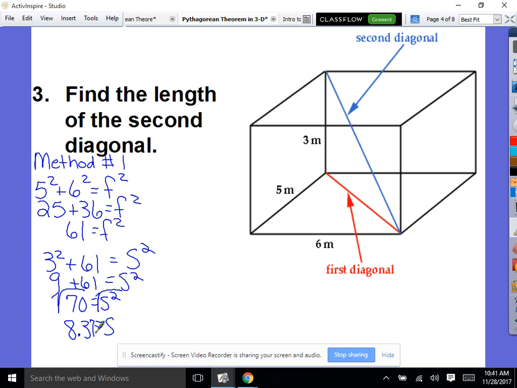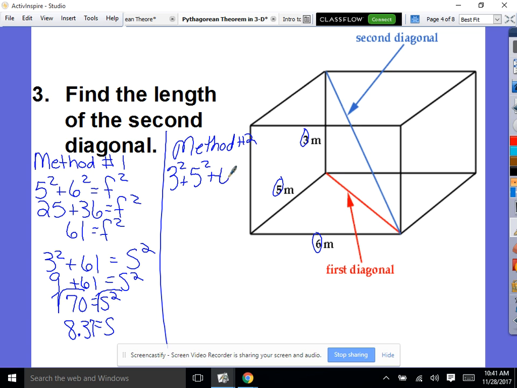Now, for those of you who like method 2, let's use method 2. Method number 2 says that we do 3 squared plus 5 squared plus 6 squared equals S squared. 9 plus 25 plus 36 equals S squared.